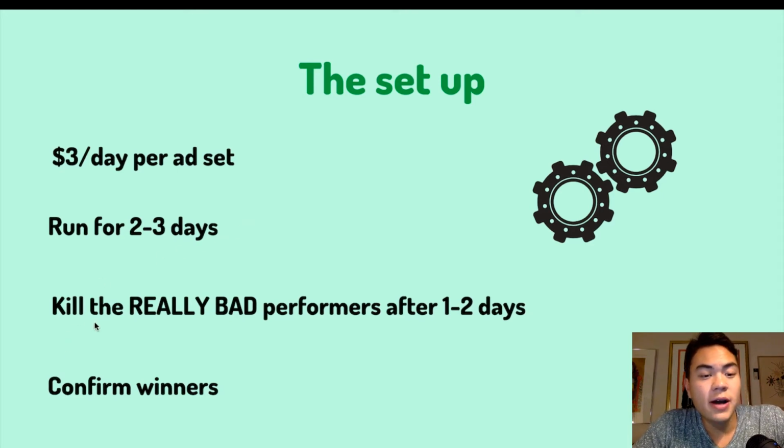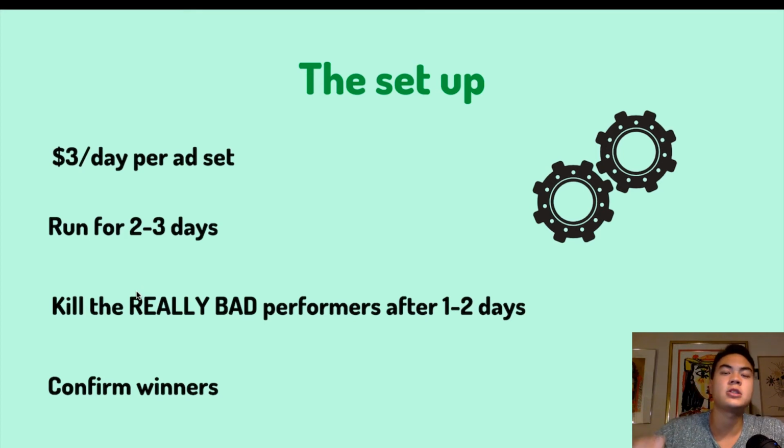And once you find the winners, usually after 2 to 3 days, you should be able to tell which one is performing better than the other. If it's still very close, you can leave it running longer, or you can create new ad sets to confirm the real winners here. So just duplicate the old ones.